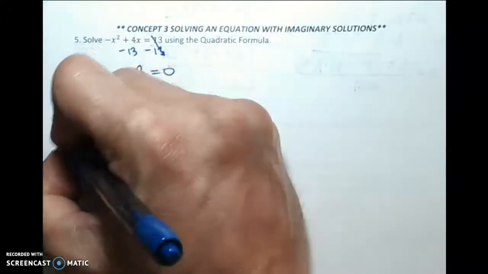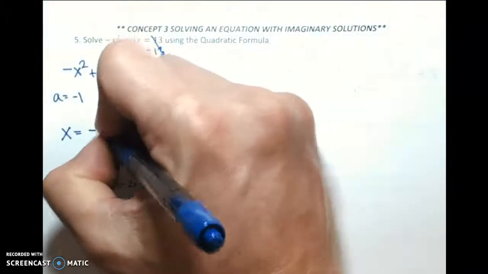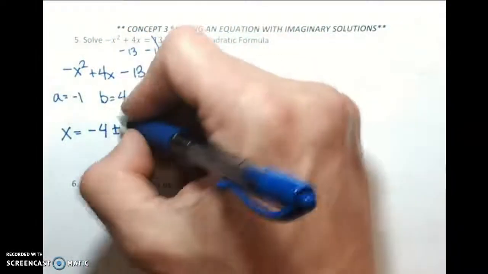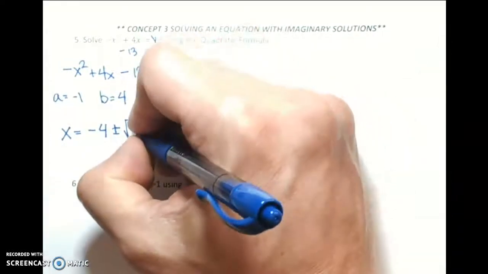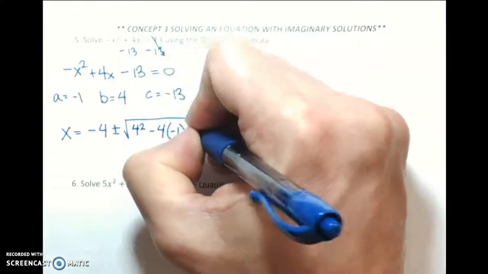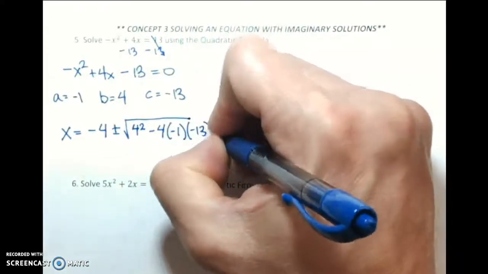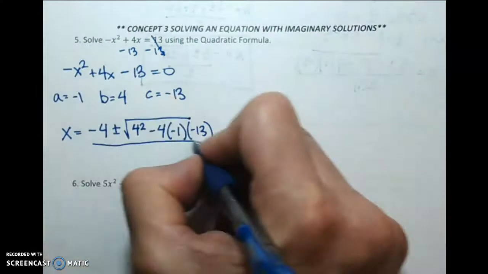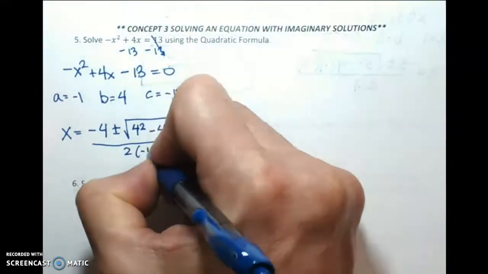Plug it in the quadratic formula. X equals negative 4, the opposite of B, plus or minus the square root of B squared, 4 squared, minus 4 times A, which is negative 1, times C, which is negative 13, all over 2 times negative 1.